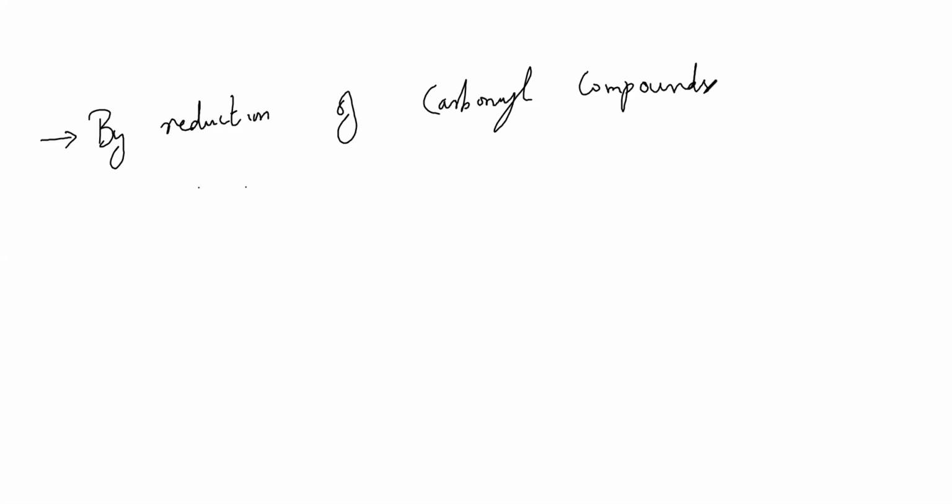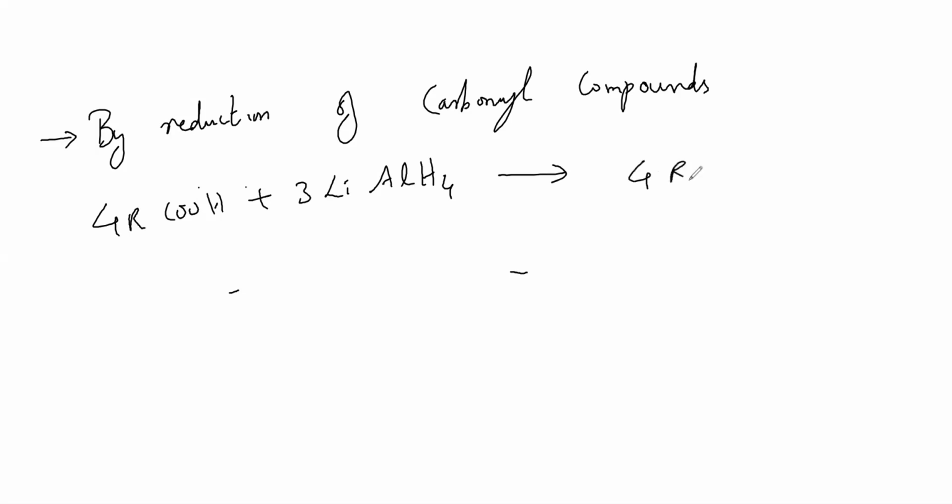So first let's take the acid. 4RCOOH plus 3LiAlH4 is giving us what? A primary alcohol, 4RCH2OH. This is a primary alcohol we are getting.